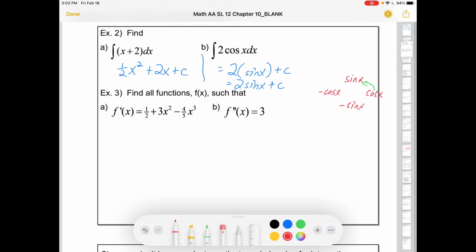So if you want to move up the chain, if you're at f prime and you'd like to find f, f is just the indefinite integral of f prime. Just like antidifferentiation, integration moves us up a level. But when we use the indefinite integral, we're accounting for the fact that there may be a constant that we don't know.